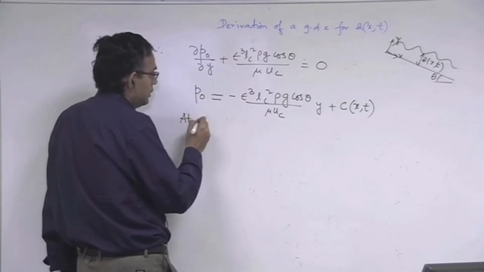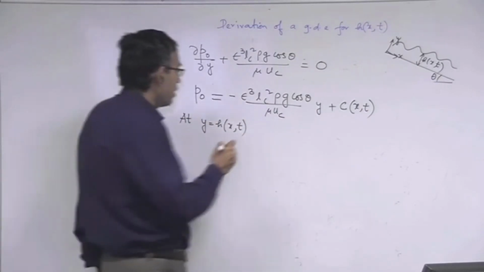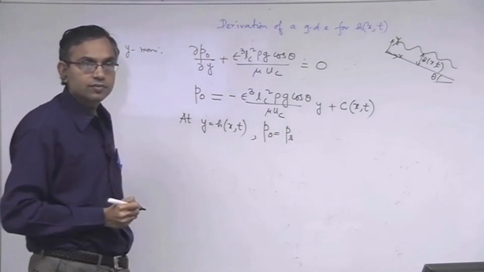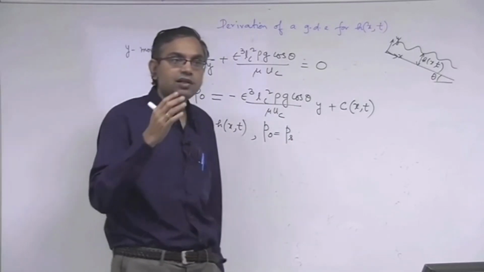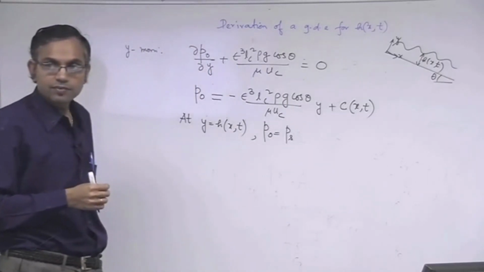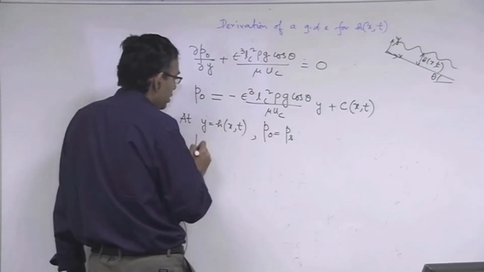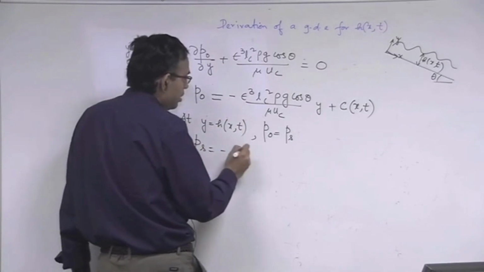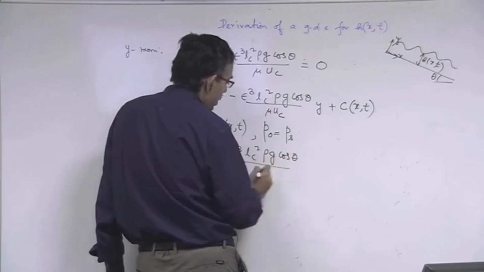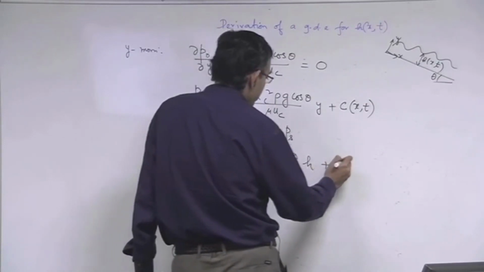At y equal to h, which is a function of x and t, P0 is equal to Ps, the pressure at the free surface, and we have a boundary condition which relates pressure at the free surface with the atmospheric pressure. So at y equal to h, Ps is equal to minus epsilon cube LC square rho g cos theta by mu UC h plus C of x, t.